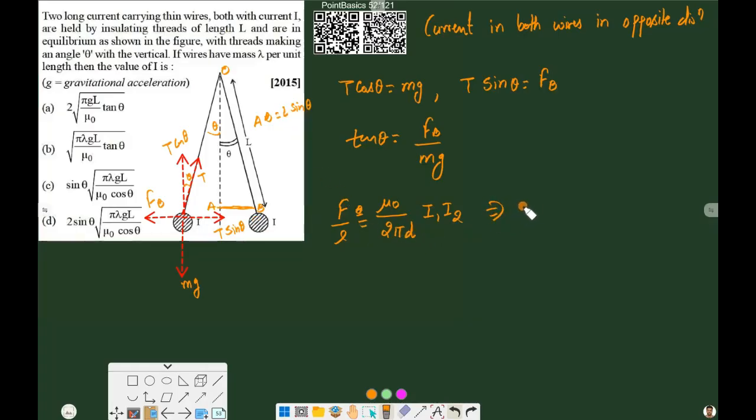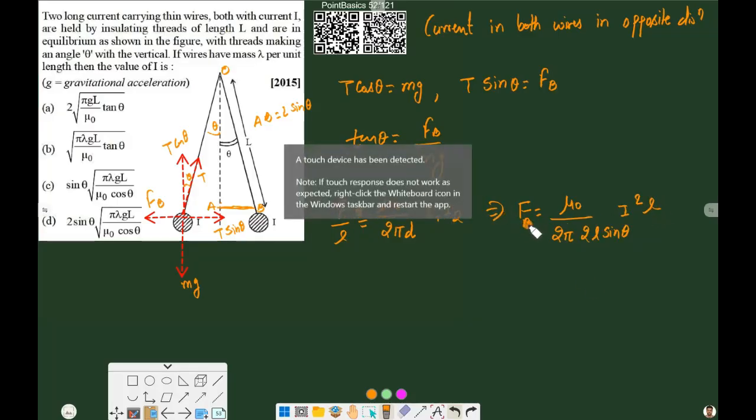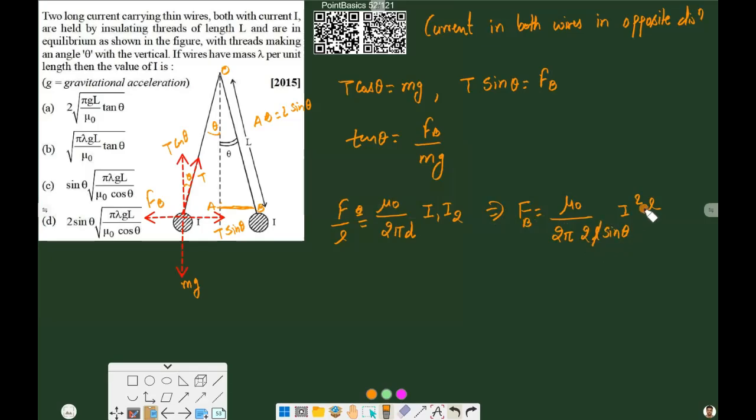So from this we can write that F is equal to mu naught by 2 pi, the distance between them is 2L sine theta, the current is the same, so I square multiply by L. That's how we get the value of FB, and L gets cancelled here, so it comes out to be mu naught I square by 4 pi sine theta. That's the magnetic force.